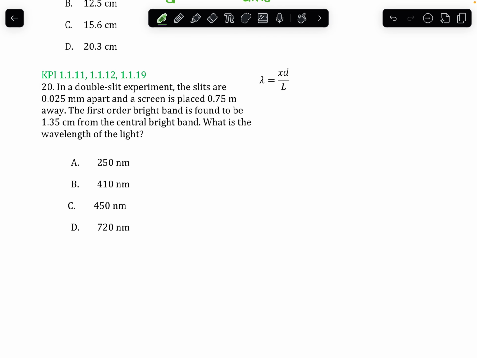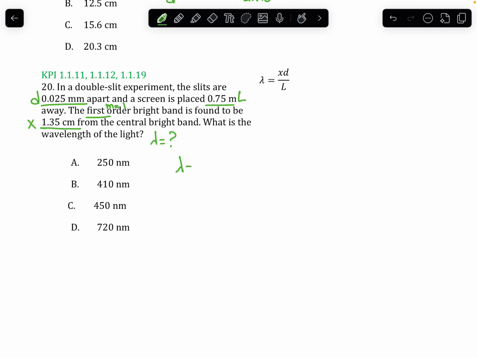Question 20. In a double slit experiment, the slits are this much apart on a screen that is placed 0.75 meters away. So this means this is L. The first order, M equals 1, bright is found to be 1.35 from the central. So this is X. What is the wavelength? I need to figure out the wavelength.